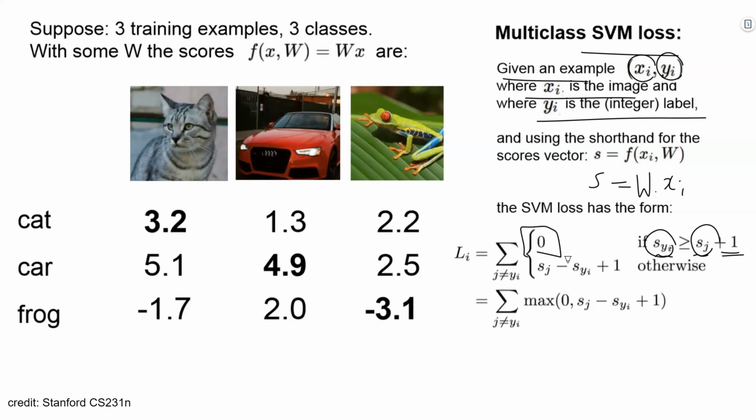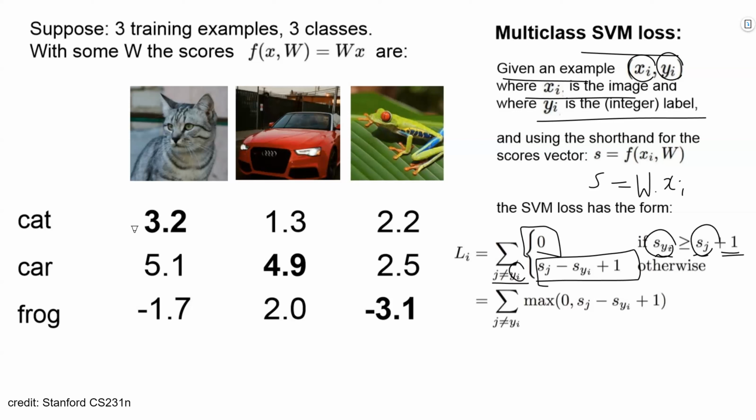However, if this is not the case, loss is generated like this. So here, as you can see, the summation is over all j's, not including the ground truth yi.